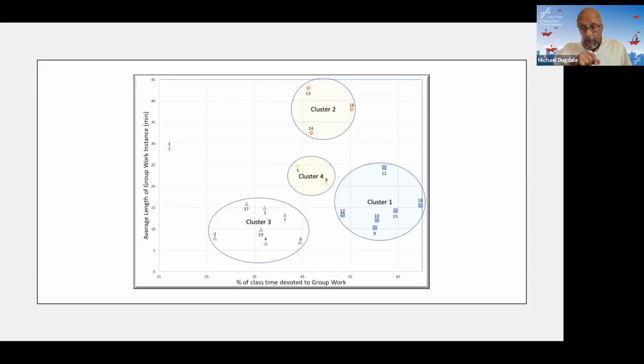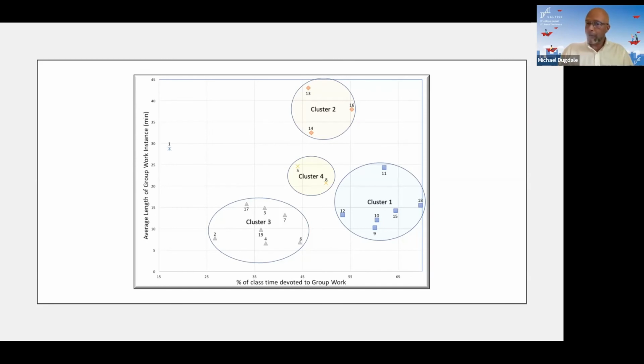So in this case, cluster 1, you'll see that's at the far right. This is a group of teachers who engage in a lot of active learning. You can see the numbers along the horizontal are quite high. They devote a lot of their time to that, but they're using fairly short, interrupted active learning sessions.